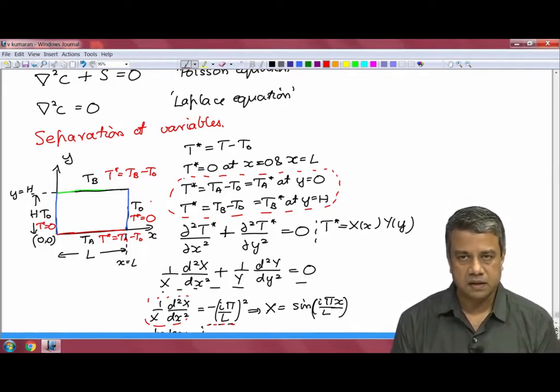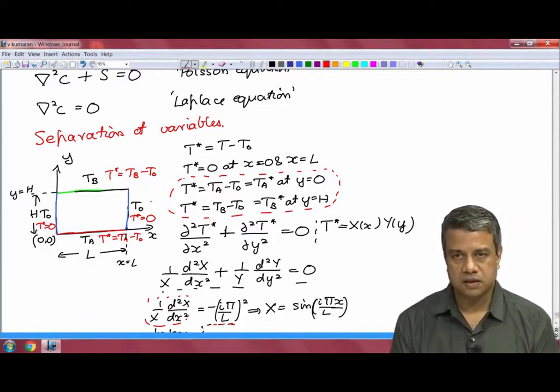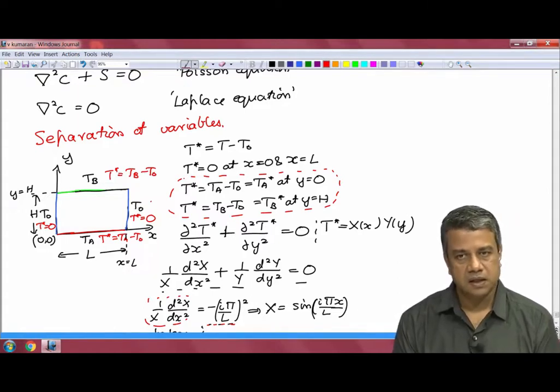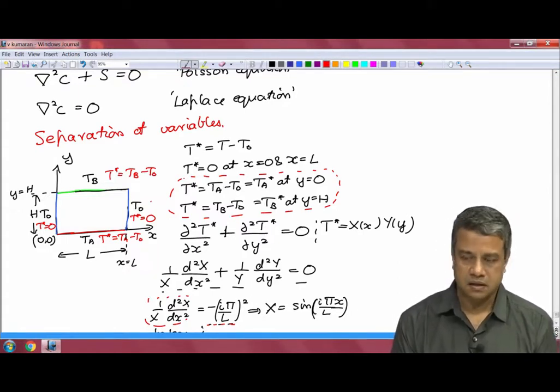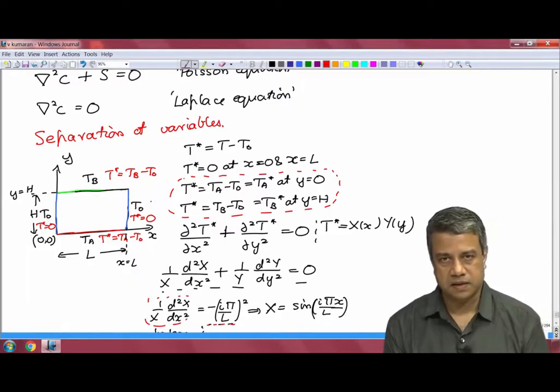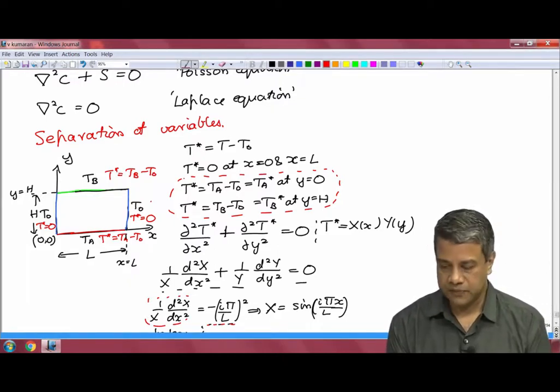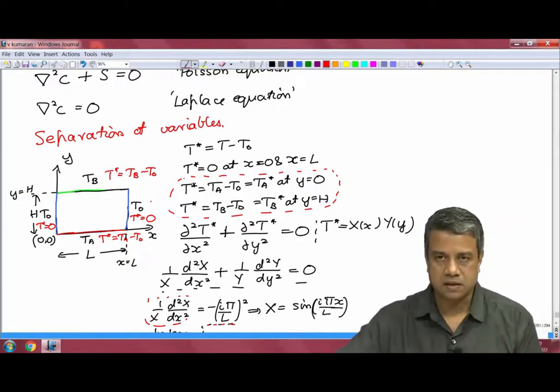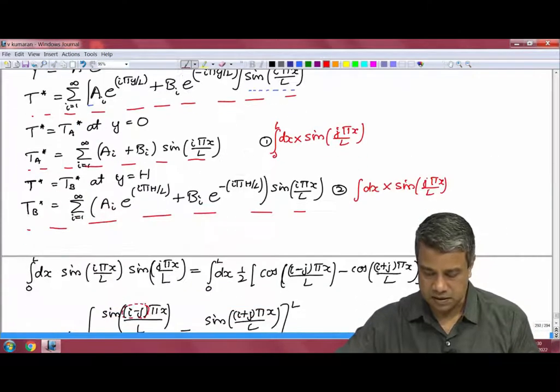Once you have that, use separation of variables, homogeneous boundary condition, the solution in Cartesian coordinates are sine and cosine, and the eigenvalues are i pi by L, where L is the distance in that direction. The other direction you solve it, in this case you get exponential functions in the y direction, and the coefficients are determined from the boundary conditions in the inhomogeneous direction, okay, as I had shown you.